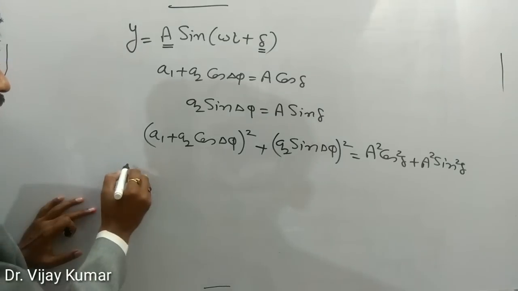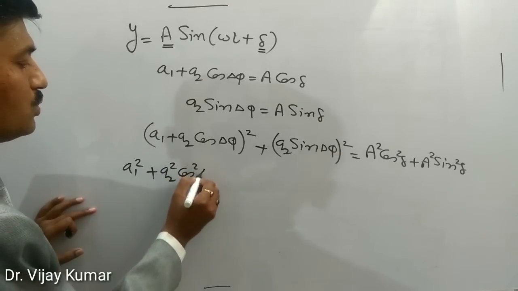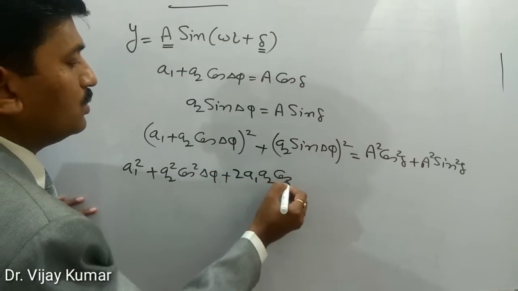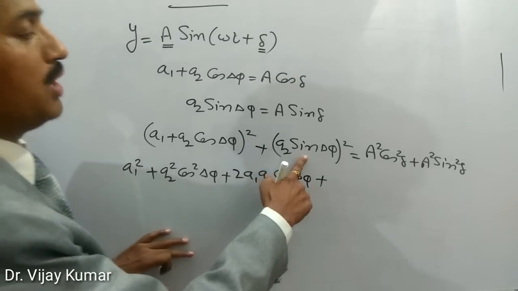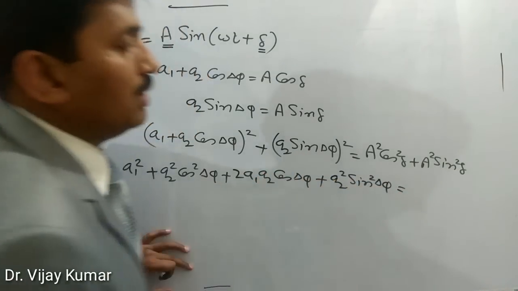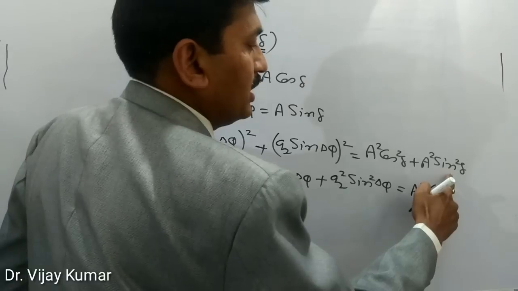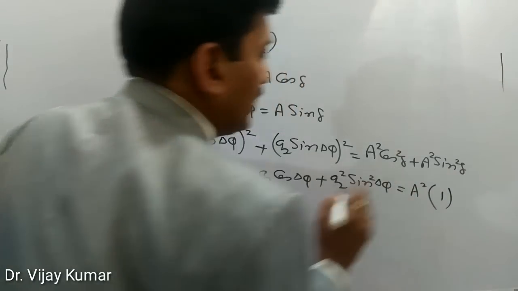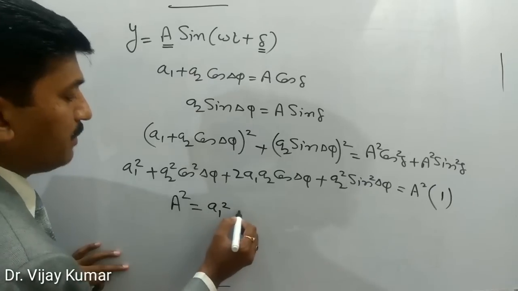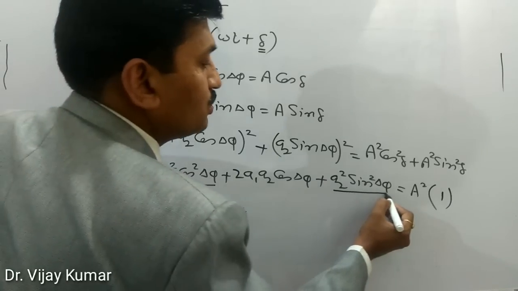Now if we expand it, a1 square plus a2 square cos square Δφ plus twice a1 a2 cos Δφ plus a2 square sin square Δφ equals A square (cos square δ plus sin square δ), that is equal to 1.